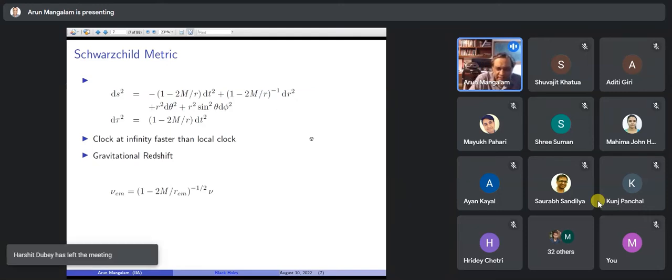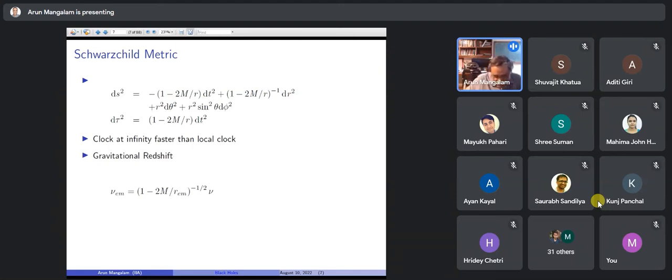So this dt signifies a local clock, and d tau is a proper time, which is like the time measured at infinity. So there's a relationship between the clock that is ticking at infinity and the local clock. As you can see, the time at infinity is ticking faster than the local clock.